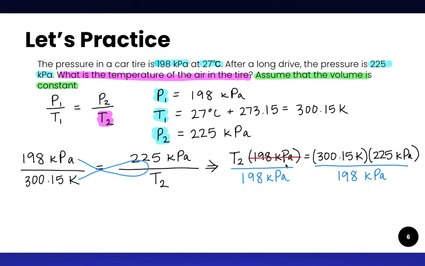This will eliminate the pressure on this side and eliminate the pressure unit on this side. And I will plug everything into my calculator and find out that T2 equals 341.0795 Kelvin.